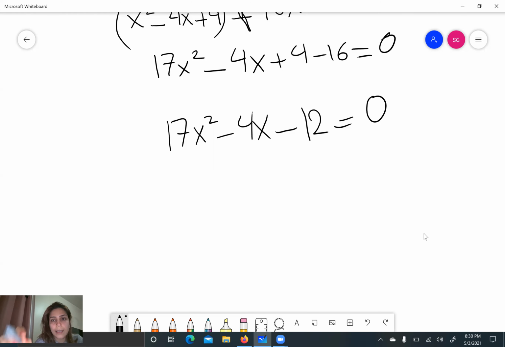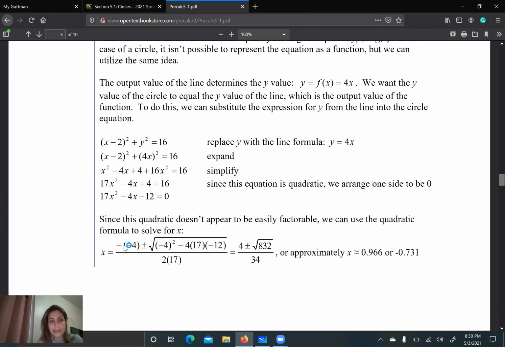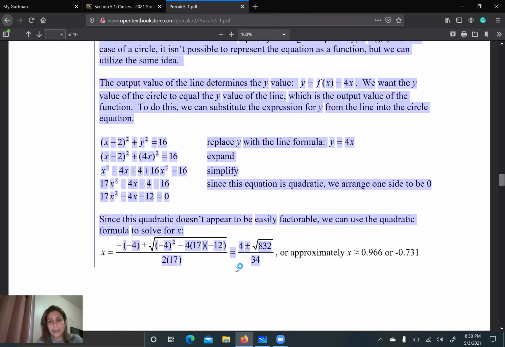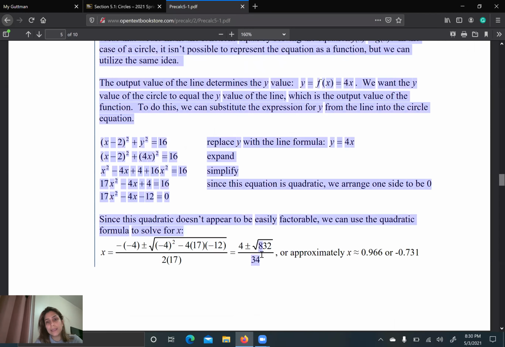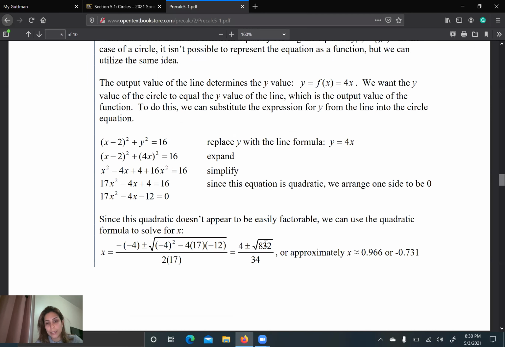Yes, this is the quadratic formula that we learned previously. Either you can use the quadratic formula and express the x value in radical format, or you can use your calculator and approximate it.